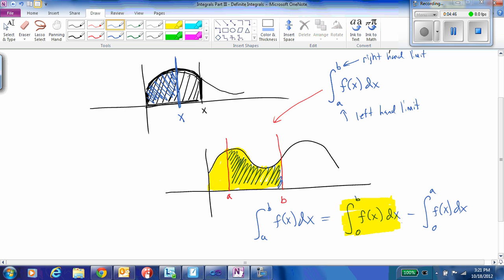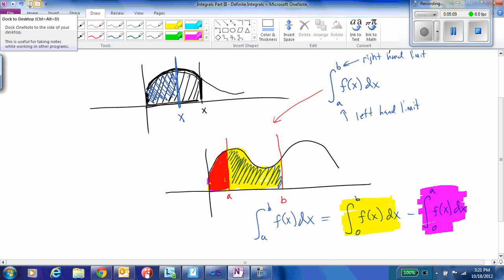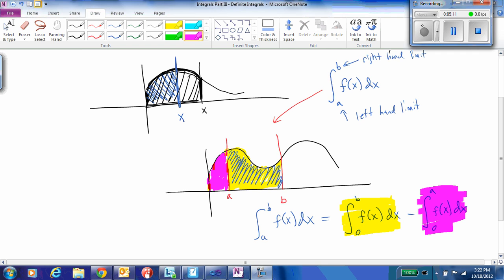So we would think of taking the indefinite integral and evaluating it when b is equal to x. And then if we take this section, that would be this section. And what I probably should do to make it clear, let me do some erasing here.